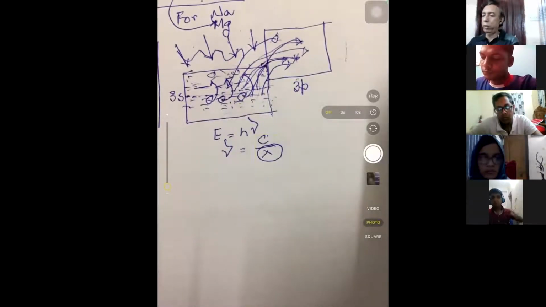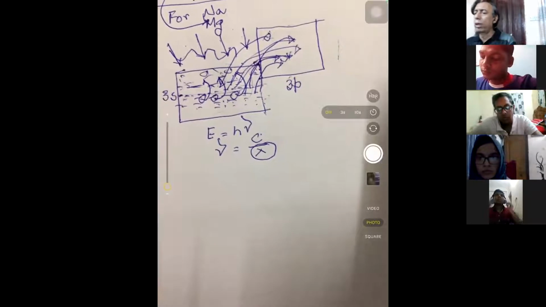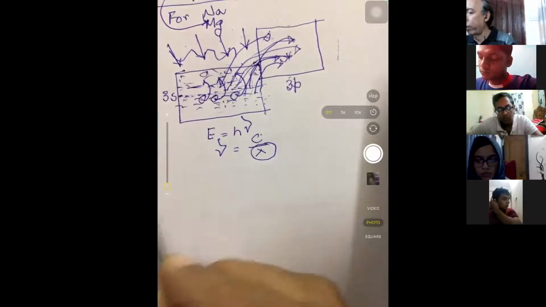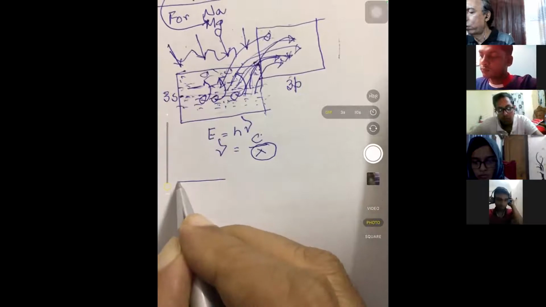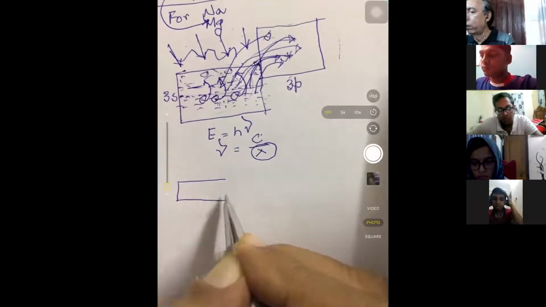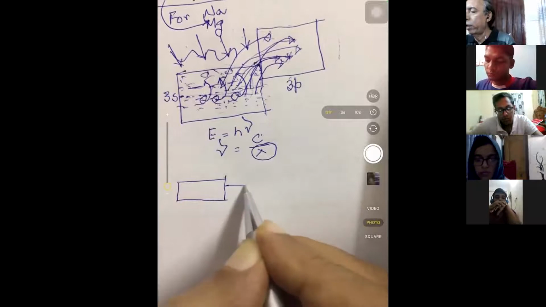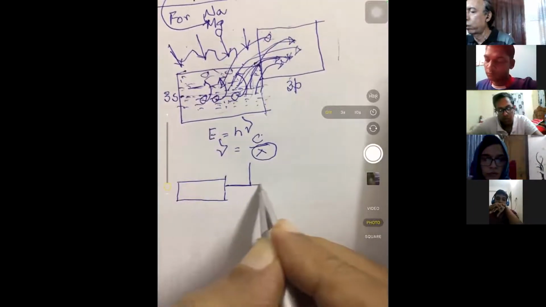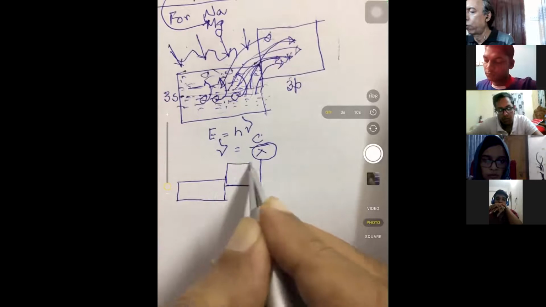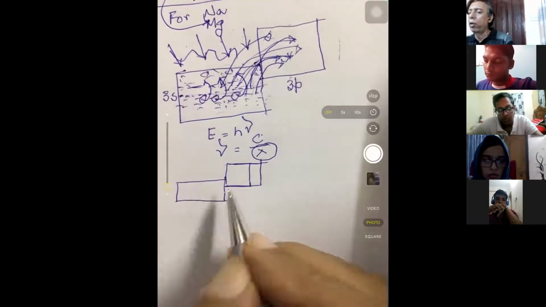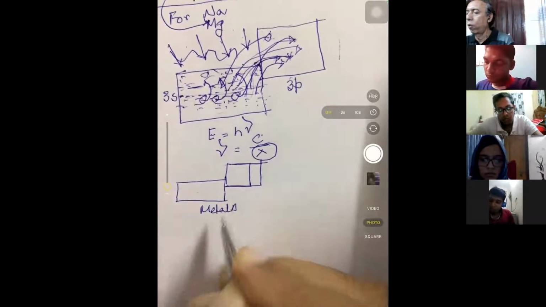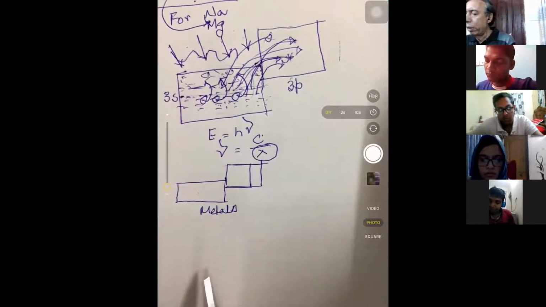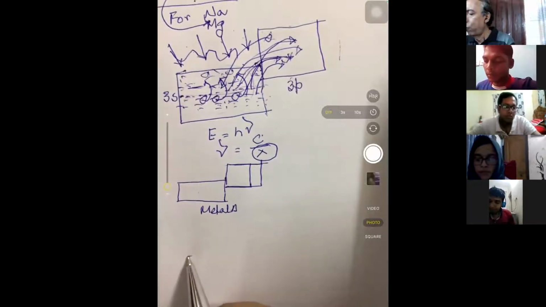Now, what about nonmetals? Again, the valence band and conduction band may be of different types. Say, for example, this is the valence band and this is the conduction band. We have seen it earlier; this is for metals. Now, it can be like that also.